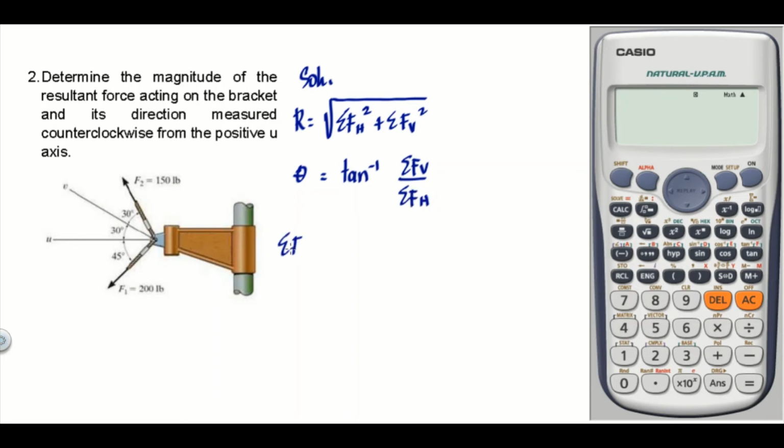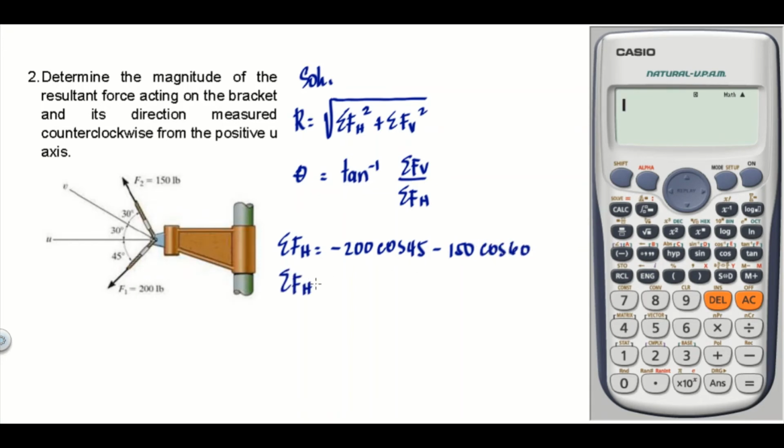Okay, let's solve for summation of forces horizontal. So, we have two forces here, the 200 pounds and the 150 pounds. Okay? So, unahin natin yung 200. So, minus 200 cosine of 45 minus 150 cosine of 60 degrees. Okay?